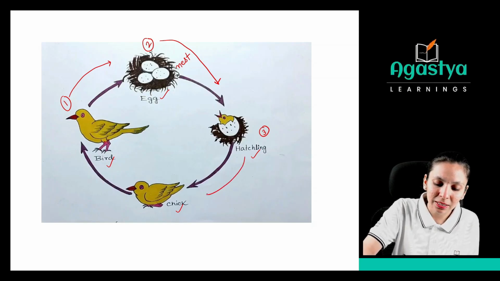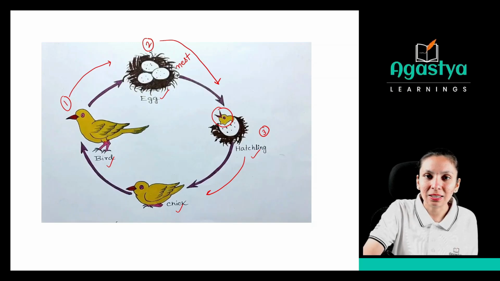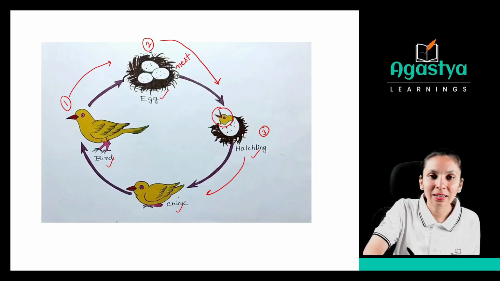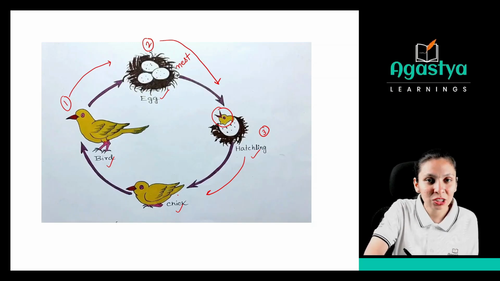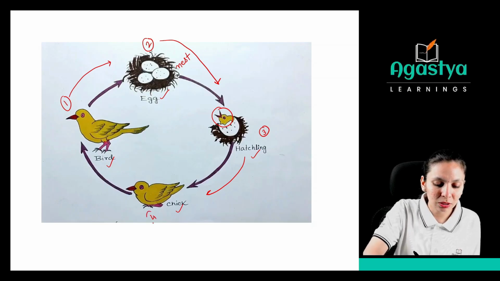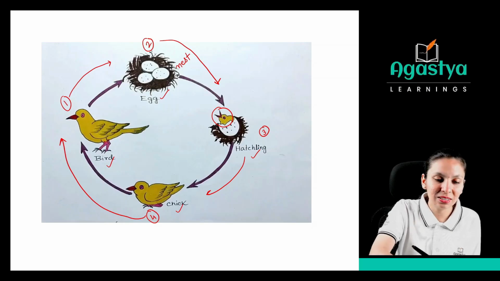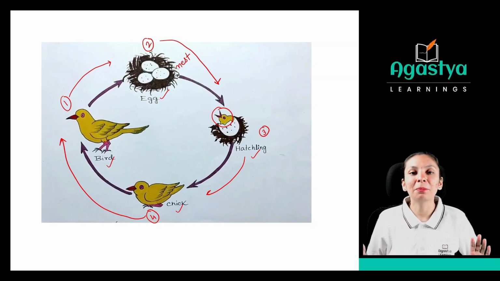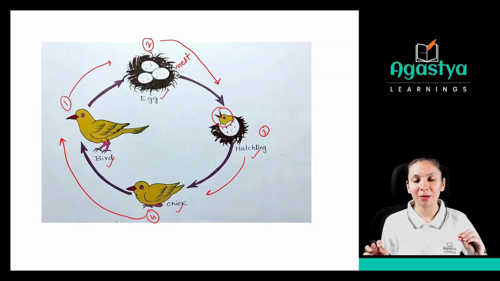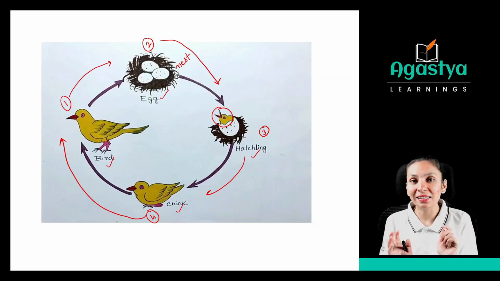After this stage, the baby chick comes out and develops as a chick, right? That is the fourth stage. After they become mature and grow large in size, it will become a bird. That is the cycle.